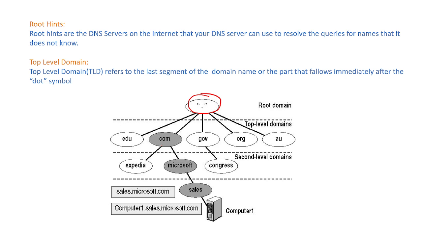So your DNS server, what it will do: I don't know anybody called Instagram.com, but I know a person called dot, and the DNS query will just go and talk to this dot. Do you know a person called Instagram.com? Then this person will tell, I don't have Instagram.com, but I know a person called com.